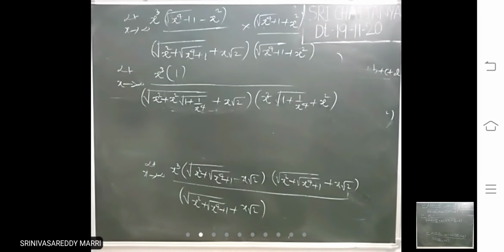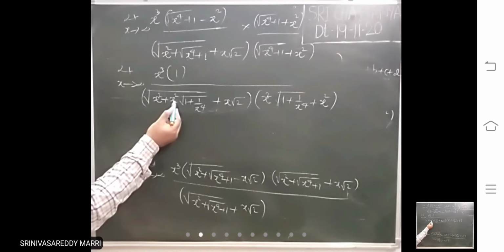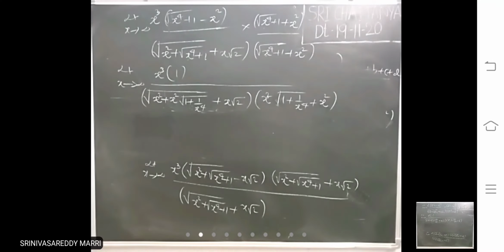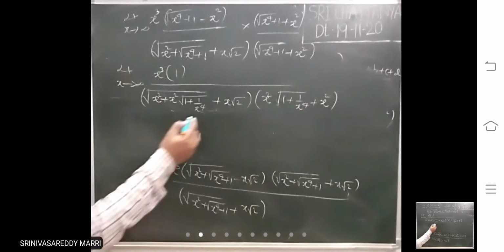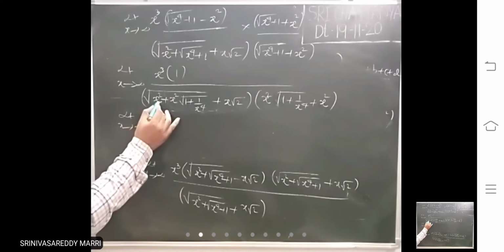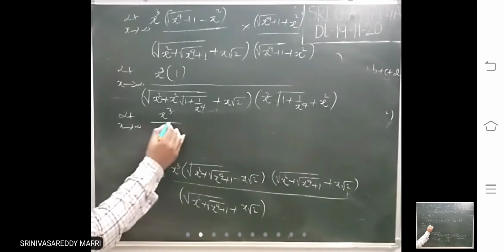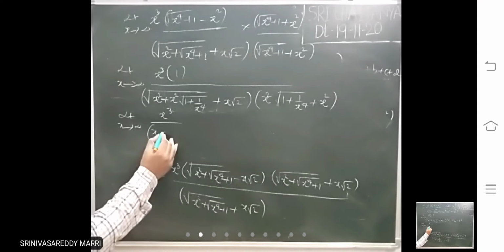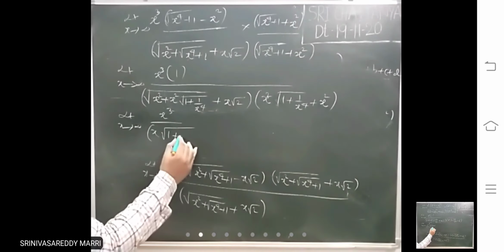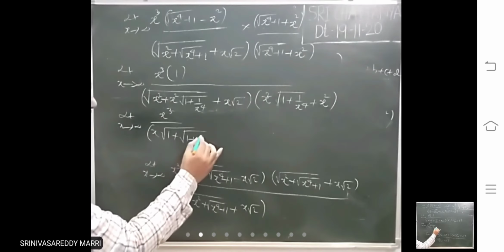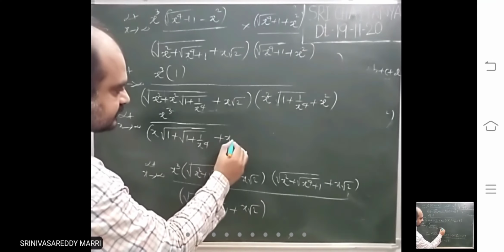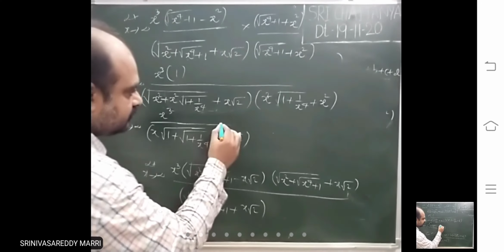Now if you observe here, this x square will get common and come out from the bigger root, right? So then x is there here. So x cube divided by this x you write outside, root of 1 plus root of 1 plus 1 by x power 4 plus x root 2.